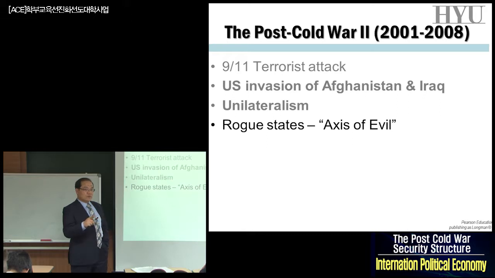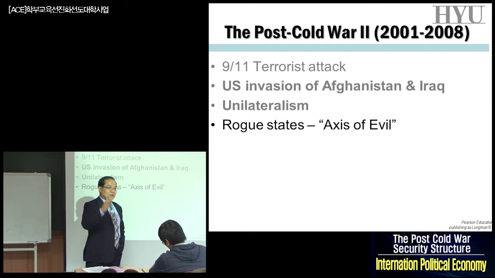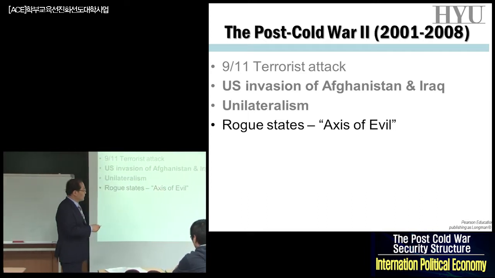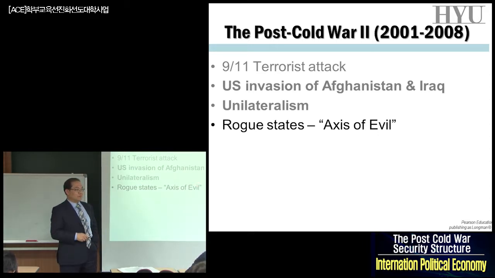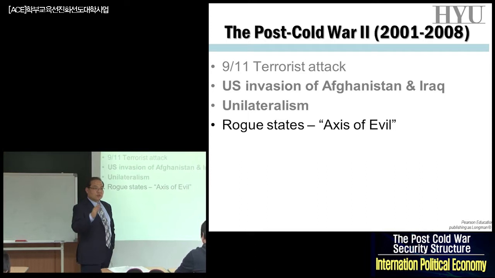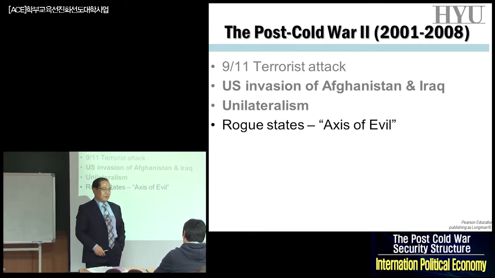For the first time, the Bush administration pinpointed three enemies: Iran, Iraq, North Korea. They constitute the axis of evil. These are clear enemies now. These countries are enemies because they don't adhere to international norms. They have to be punished.